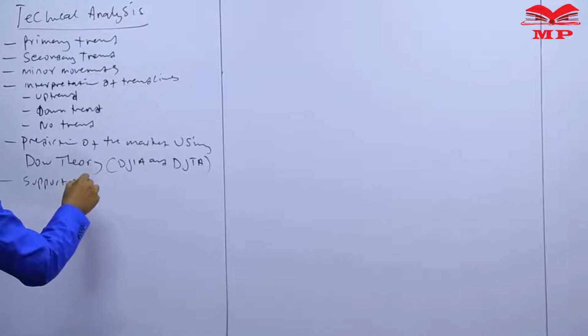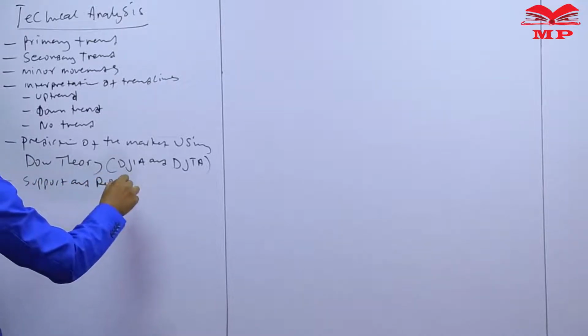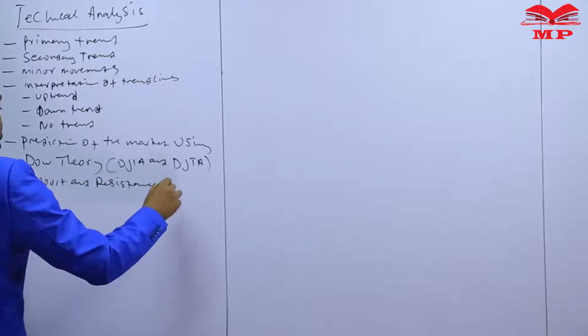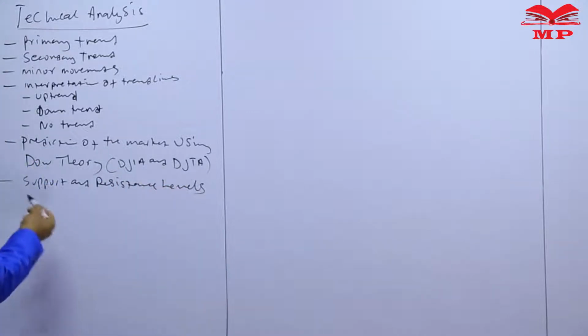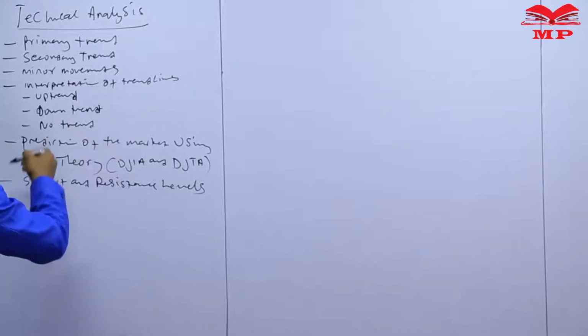Support and resistance levels, and try to explain the reasoning behind the support and resistance levels. Then we move ahead and look at chart patterns.